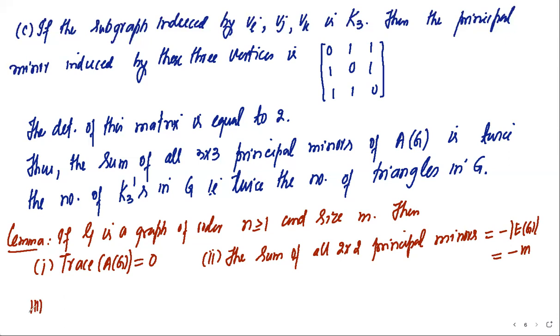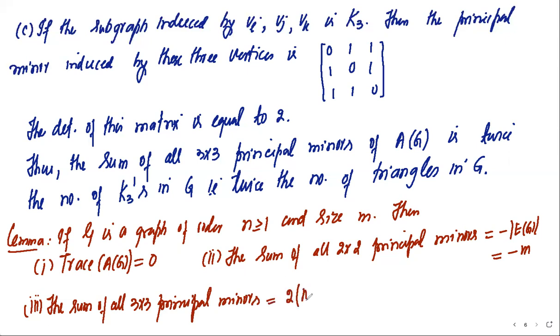And the third observation is the sum of all 3 cross 3 principal minors is equal to twice the number of triangles.